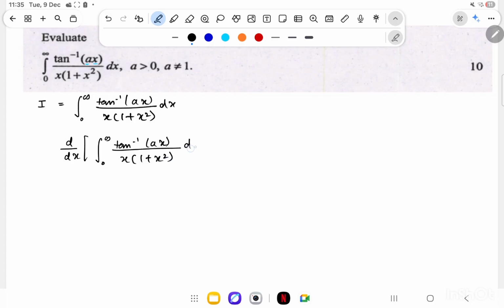So if I calculate d by da of the integration from 0 to infinity tan inverse ax divided by x times 1 plus x square dx, first I'll differentiate the integrand, so that will give me integration from 0 to infinity 1 by x times 1 plus x square times d by da tan inverse ax. I'm able to do so because we are differentiating with respect to a, so 1 by x into 1 plus x square will act as constant. Since the upper limit and lower limit are constant and differentiation of a constant is 0, the other two terms will reduce to 0.